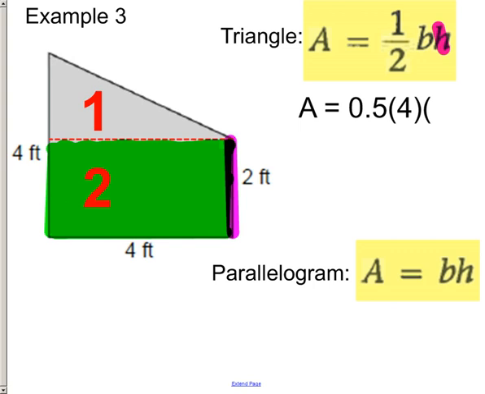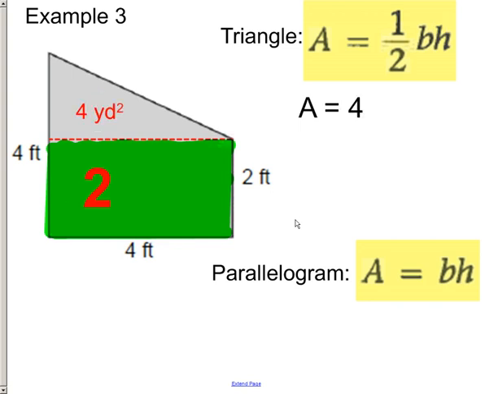Since that right side of the parallelogram is 2 feet, the left side is 2 feet. Well, this whole left side of the entire shape is 4 feet, and if from here to here is half of it, that means that what's left over would have to equal 2 feet, because 2 plus 2 is 4. So the height of that triangle is 2, and we just go work out the area for that triangle.